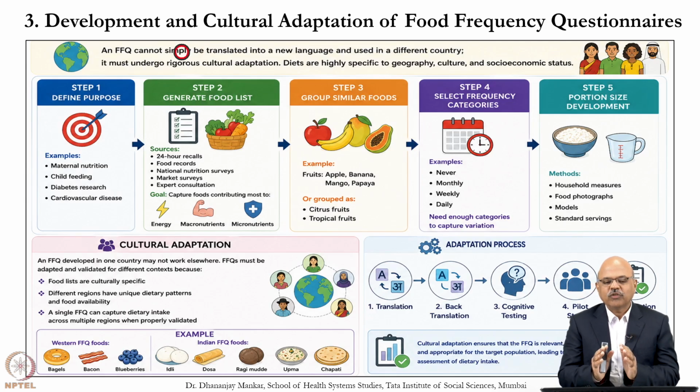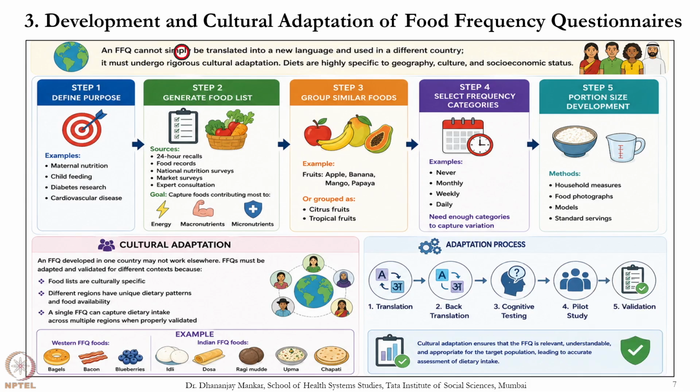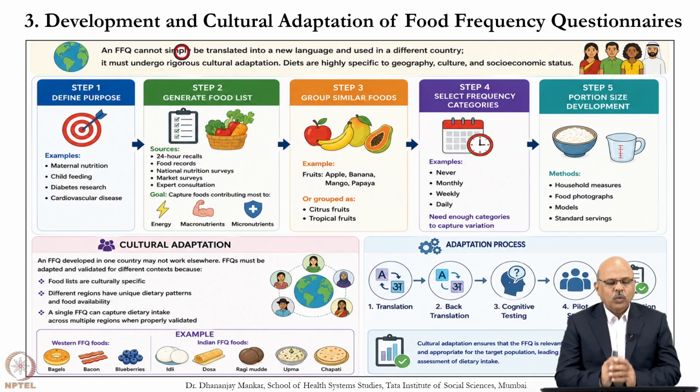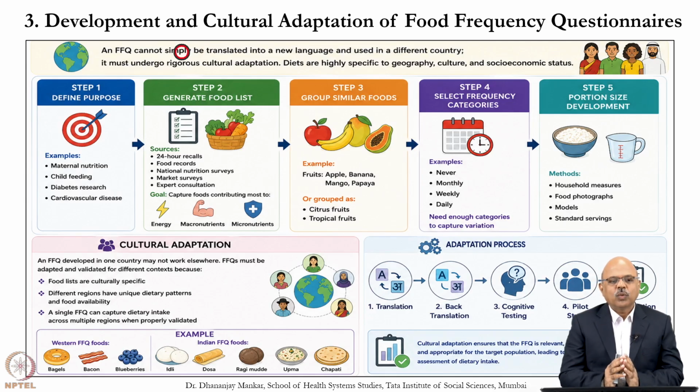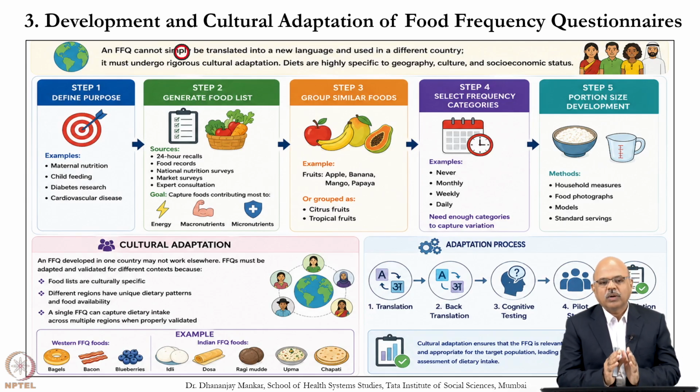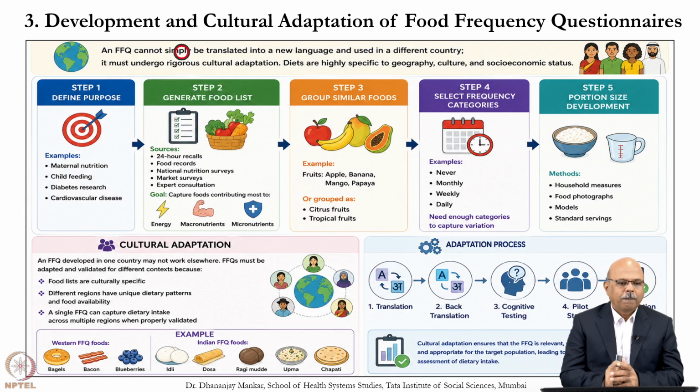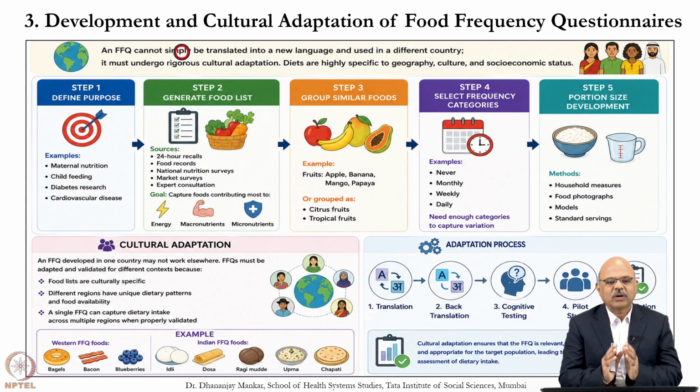There are two things which come not as constraints but as considerations, that is cultural adaptation and the adaptation process. In cultural adaptation, an FFQ developed in one country may not work elsewhere. An FFQ must be adapted and validated from country to country, because food lists are culturally specific and very different in different countries.